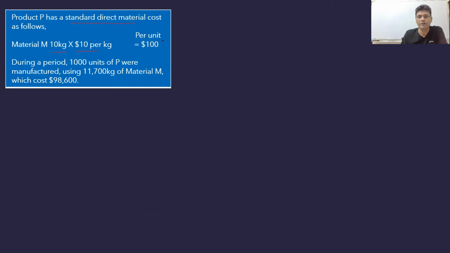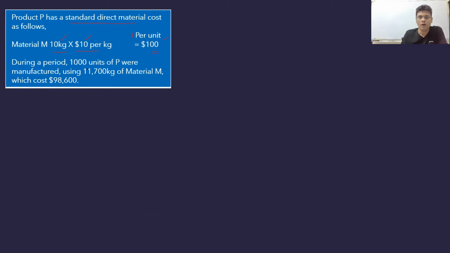The per unit cost is $100. To produce one unit you need 10 kg, and the cost of 1 kg is $10, so we have to incur $100 to produce one unit. So this is our plan.